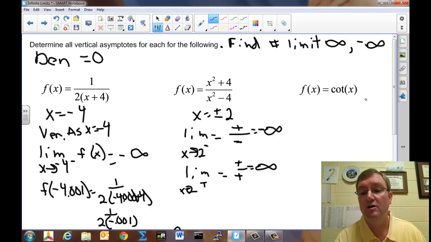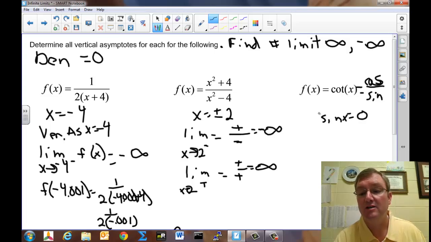Well, what about over here? We don't have a fraction, so we don't have a denominator to deal with. But if we stop and think for a minute, yes, we do. This is the cosine over the sine. That's another way to write the cotangent function, cosine over sine. So we need to know, when is the sine of x equal to 0?